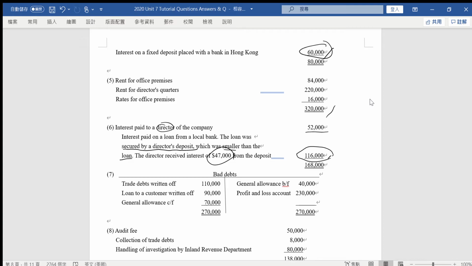This 47,000 will not be allowed to deduct in proportion. The original 116,000 should be reduced by 47,000, because 47,000 is non-taxable when the director receives it out of a deposit. That's why the company is only allowed to deduct the interest proportionally.